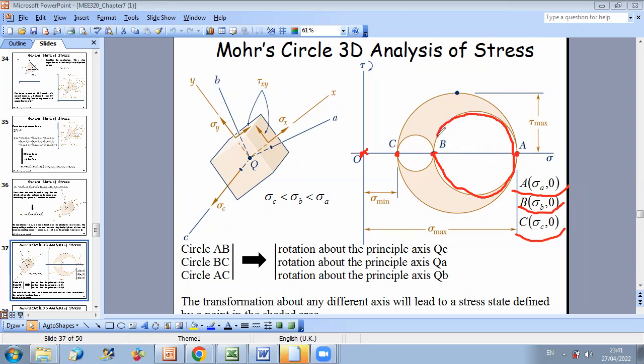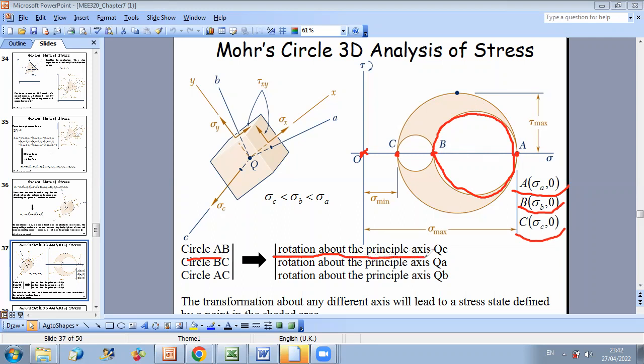And physically, what does it represent? When you draw this circle, this means that you are finding the state of stresses if you rotate about the axis perpendicular to plane AB.